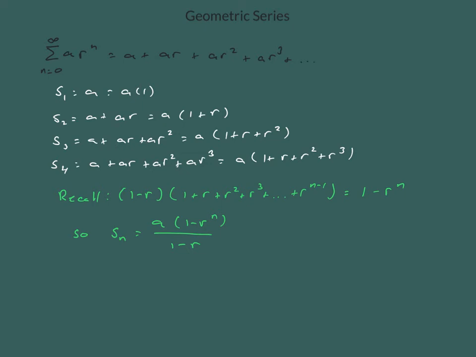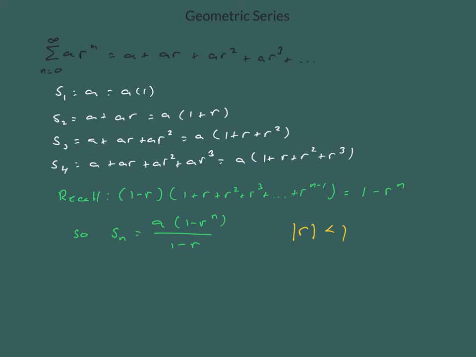The key thing to remember is a fractional amount, a number whose absolute value is less than 1. So I'm going to restrict r so that the absolute value of r is less than 1. Now r can't be 0, but the absolute value of r has to be less than 1.